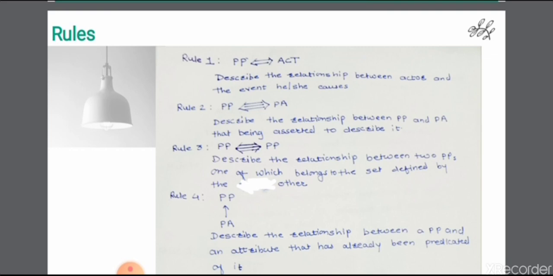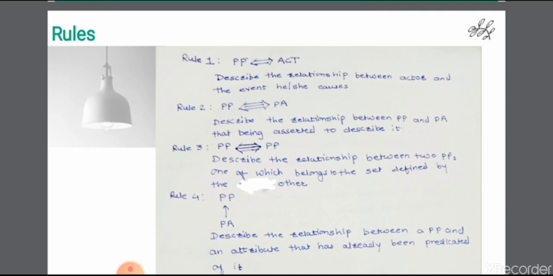It describes the relationship between two PPs, one of which belongs to the set defined by the other. Here, one PP belongs to one set and another PP belongs to the other set.